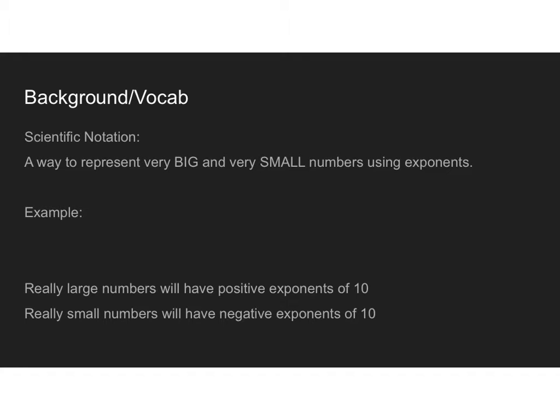All right, here's your background information and new vocabulary. Scientific notation is a way to represent very, very big and very, very small numbers using exponents.